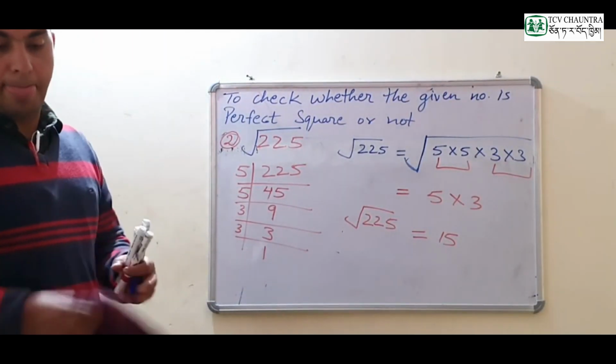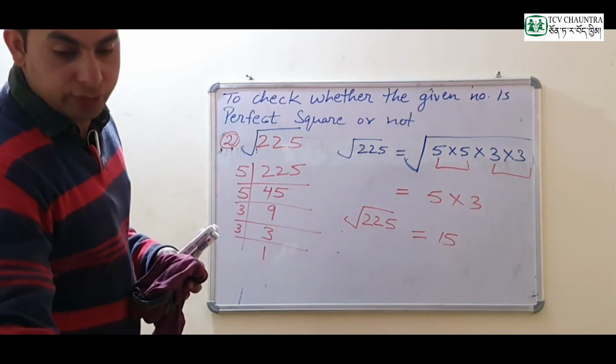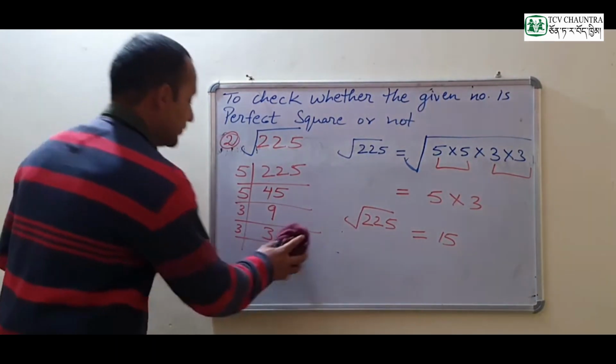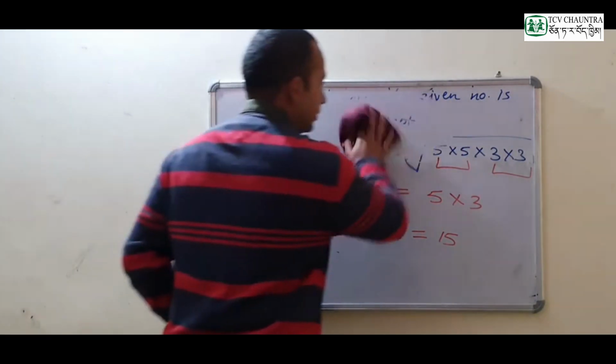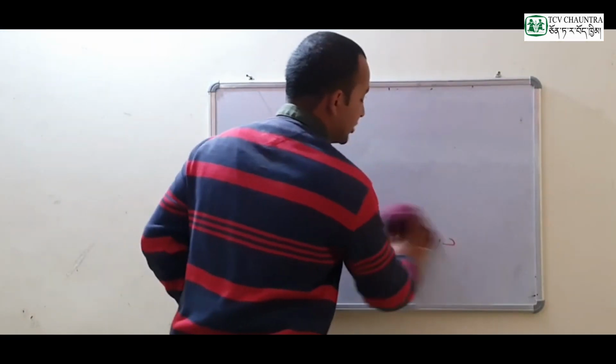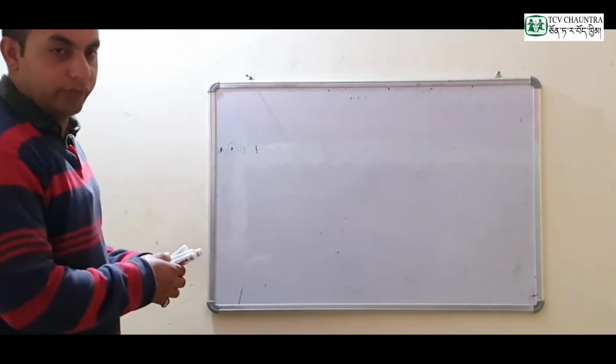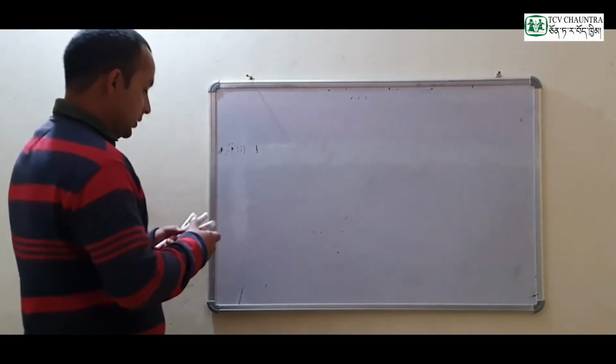Now we are going to check the decimal number. Now we are going to find the square root of a decimal number.